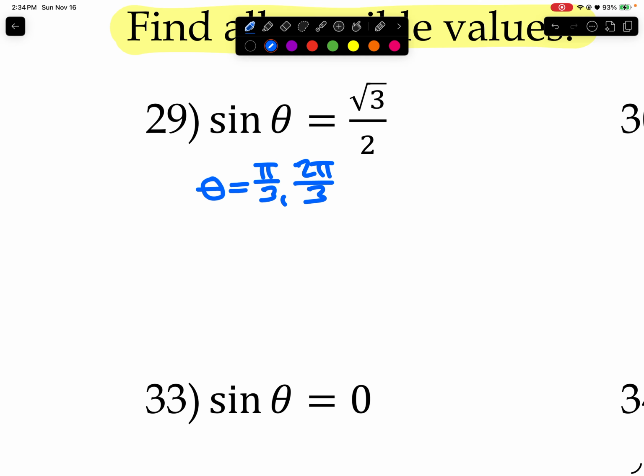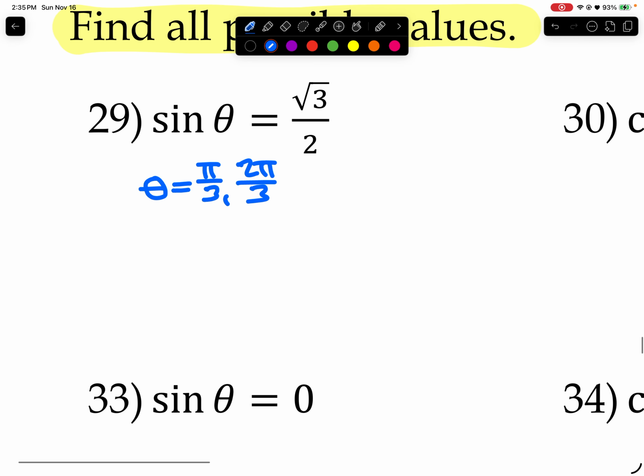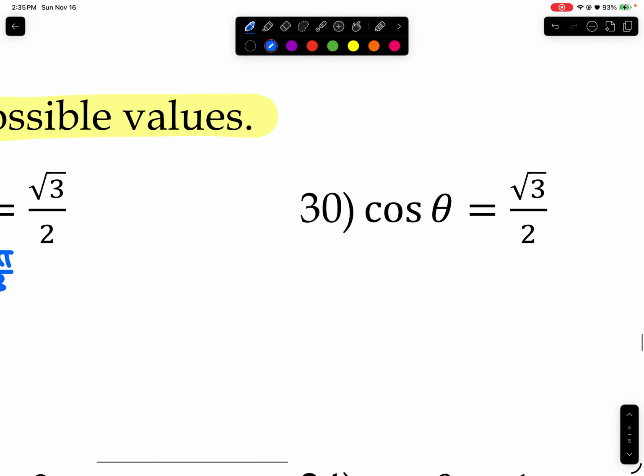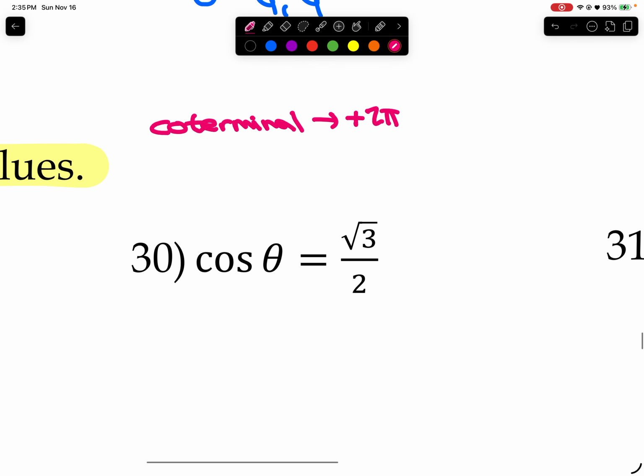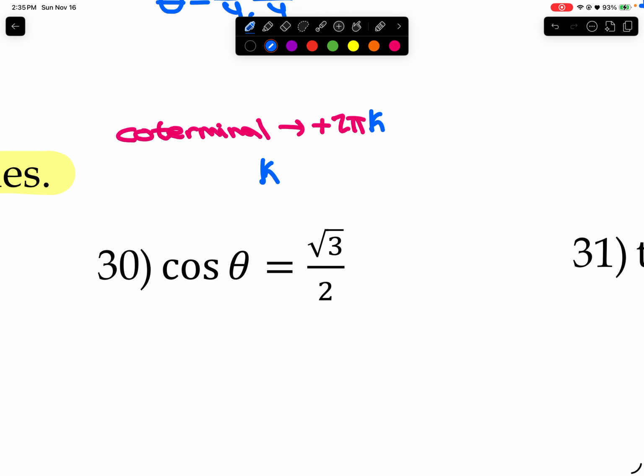Now, if I want to include all possible values, I want to include all the coterminal angles, which means I want to add those revolutions. Remember, with coterminal, that means we're going to add 2 pi. And if I want all possible values, we're going to add in a value called k to represent an integer. So I'm going to say k is an element of the number group of the integers.